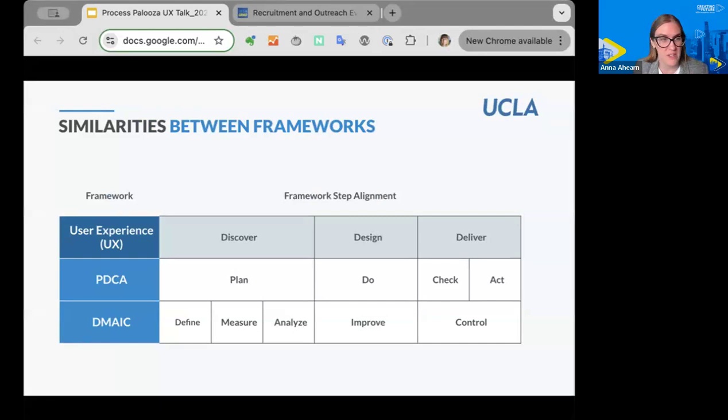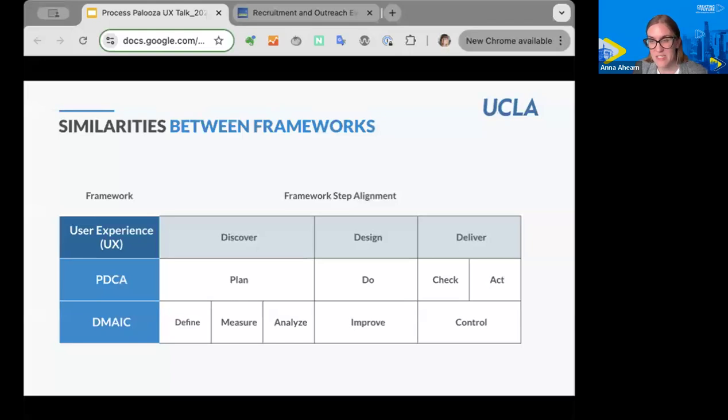You'll see the goals of each step are similar. Here is shown PDCA, or Plan, Do, Check, Act, as well as DMAIC, Define, Measure, Analyze, Improve, Control. Each has variations on the way it describes the step.